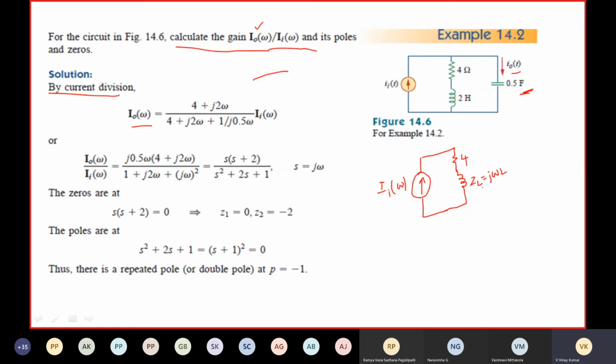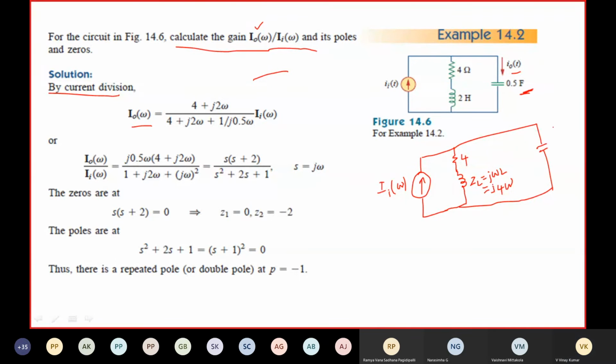So which is nothing but j 4 omega. And coming to the capacitance, what is the impedance of the capacitance?